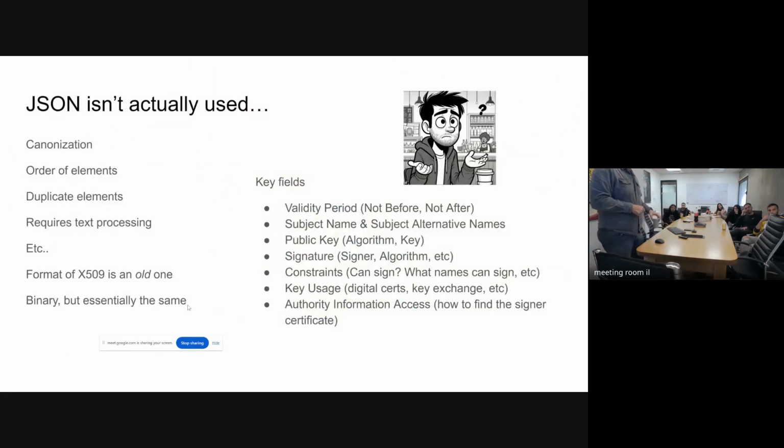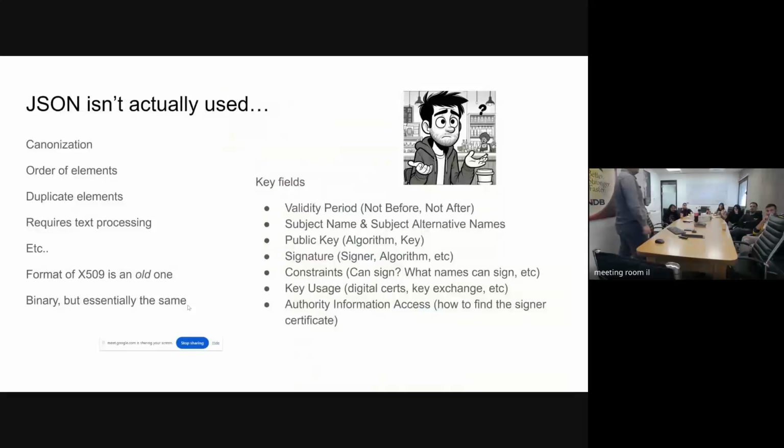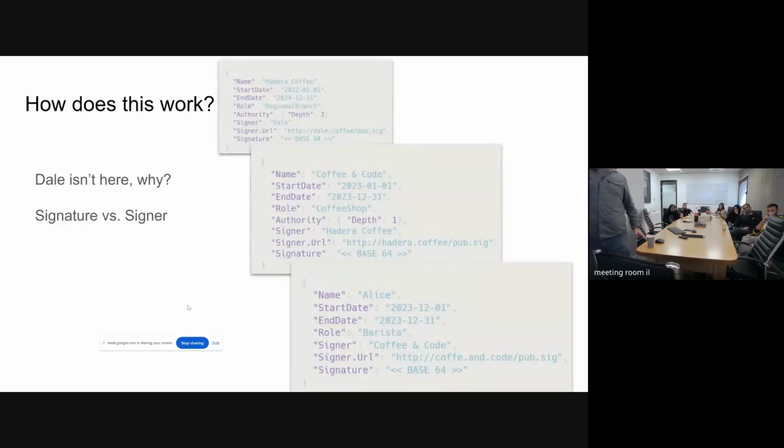So JSON is a horrible format for doing this sort of thing. Why? Let's say I switch the order of this. Do I need to change the signature? No. How do you know that? For fun, assume that you have someone who is malicious and they put two start dates here, one here and one here.